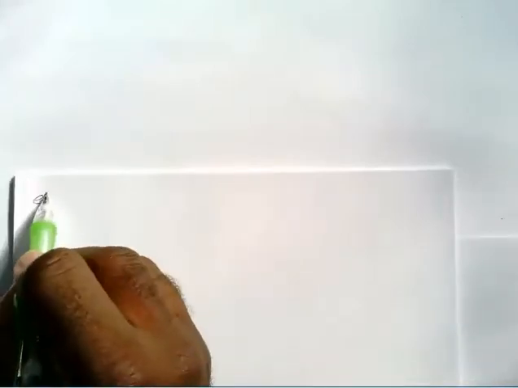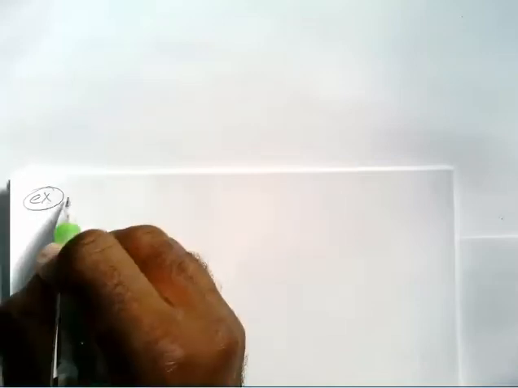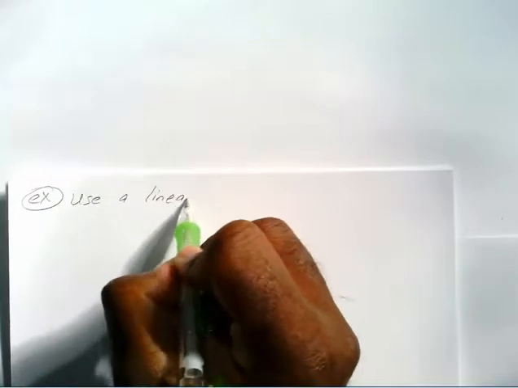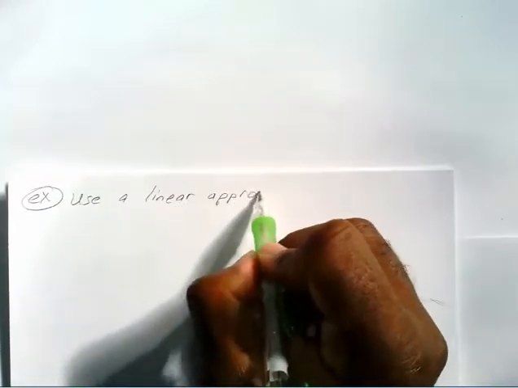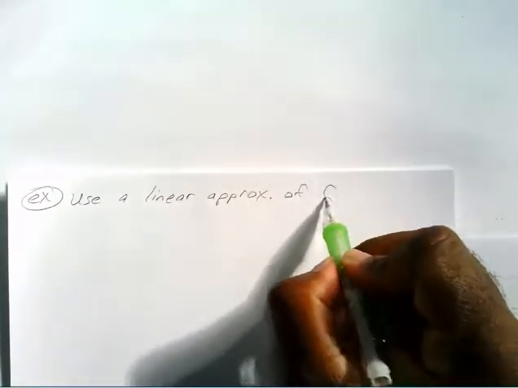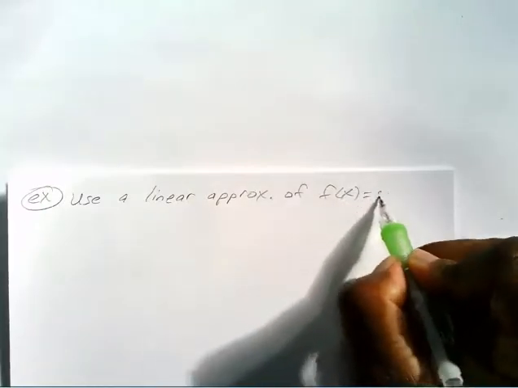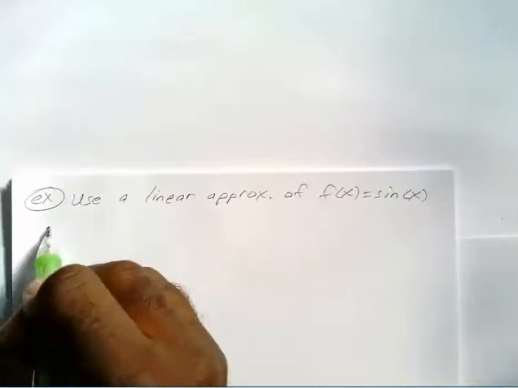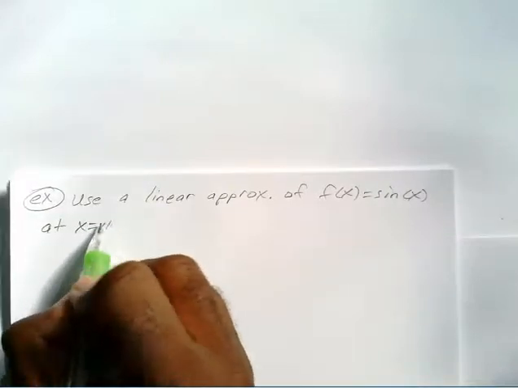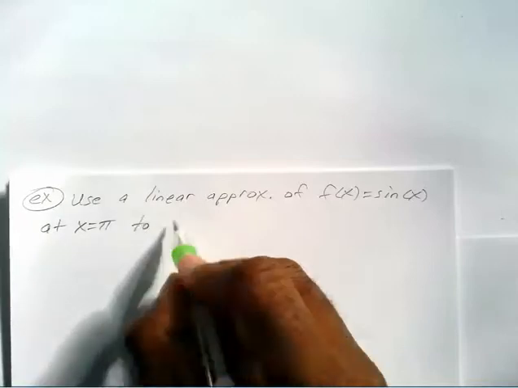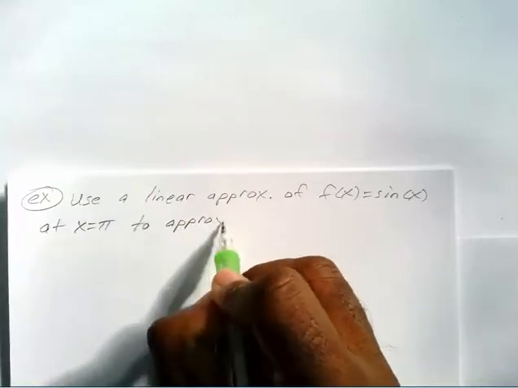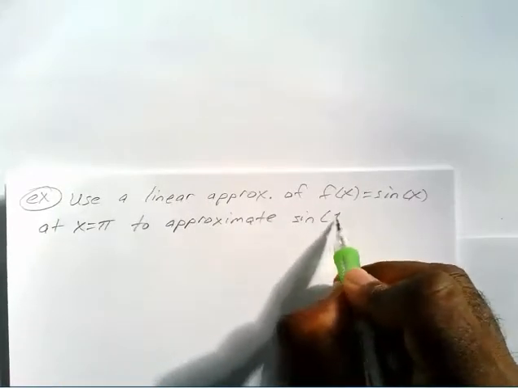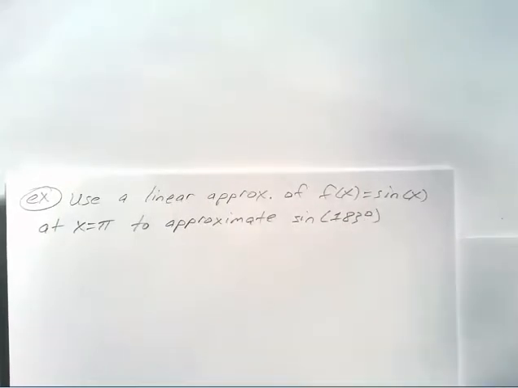Alright, so let's say, for example, use a linear approximation of f of x equals sine of x at x equals pi to approximate sine of 183 degrees.